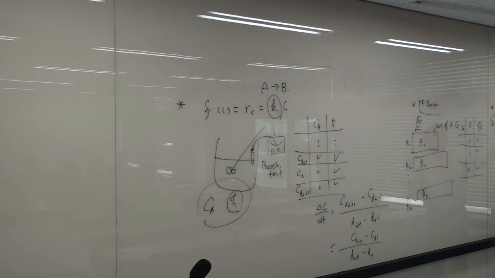Here, RA equals just like delta CA over delta theta. And the RA here is CA0 minus CA over theta, like this. So you can just plot the concentration with respect to RA. Well, sometimes you can see the zero order. And you can see first order. And you can see the second order.